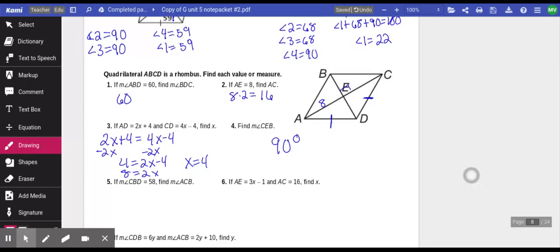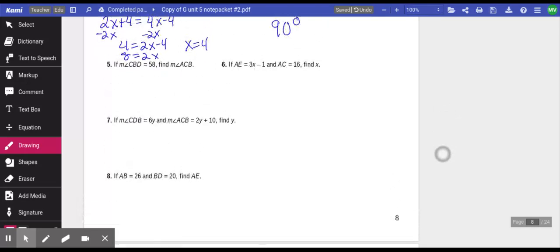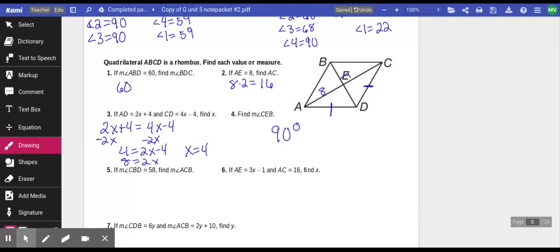So I want you to pause and try 5, 6, 7, and 8. All right, so 5 is a little trickier. Let's look at 5.